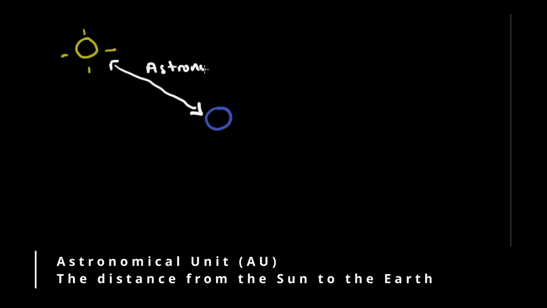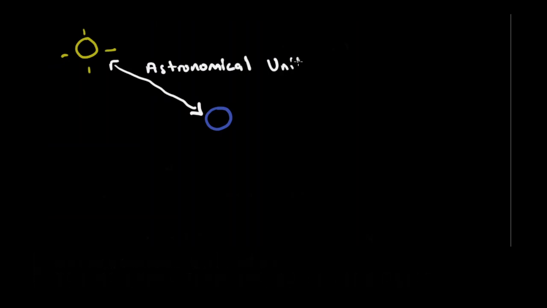The distance between the sun and the earth, which is called an astronomical unit, abbreviated AU, is approximately 150 million kilometers. So from the sun to the earth, there is 150 million kilometers.